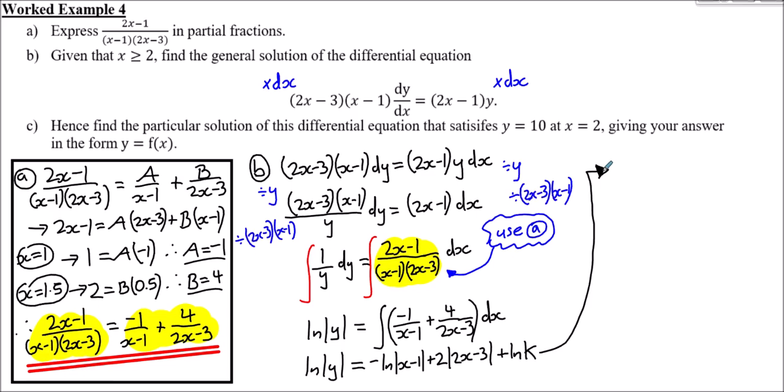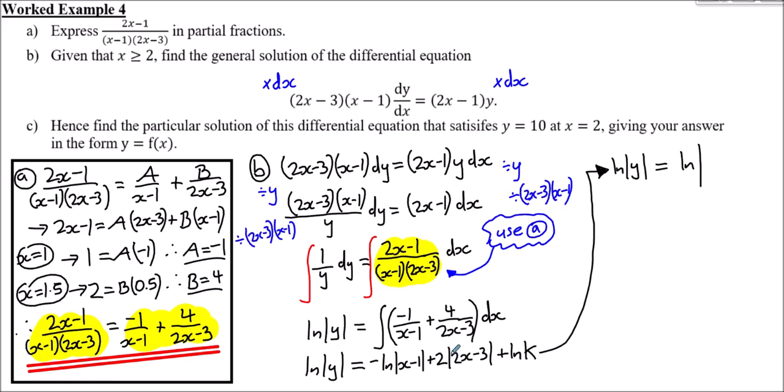So next, I've got ln mod y over there, and over here, I can combine using the laws of logs. Log of one thing plus log of the other, I can combine into a single logarithm.